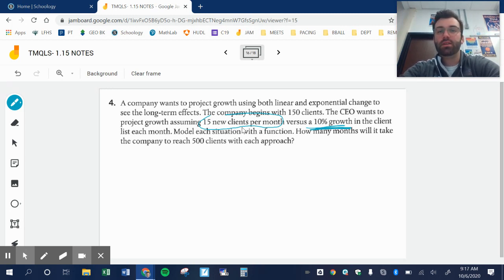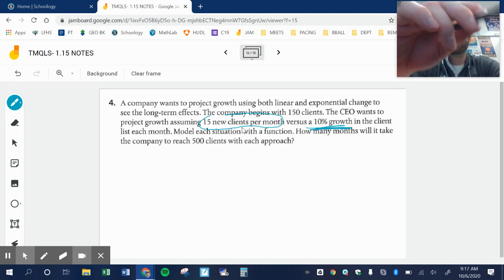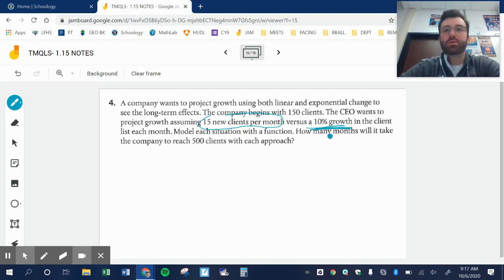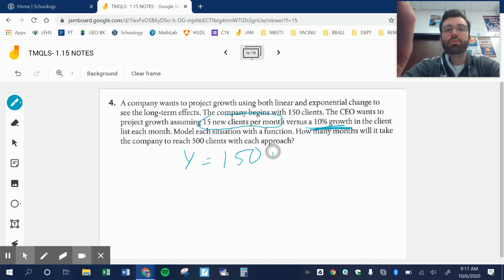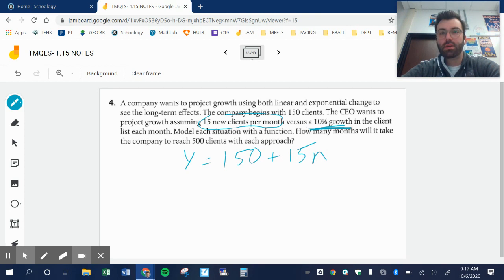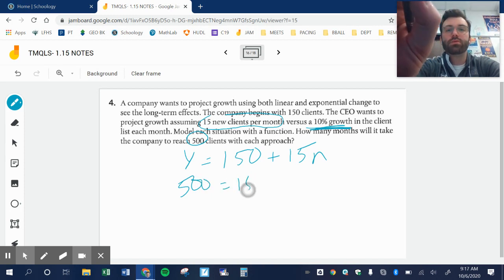So what would that look like? y equals, I start at 150 plus 15 clients per month, where n is the number of months. If I wanted to reach 500, I would say 500 equals 150 plus 15n.